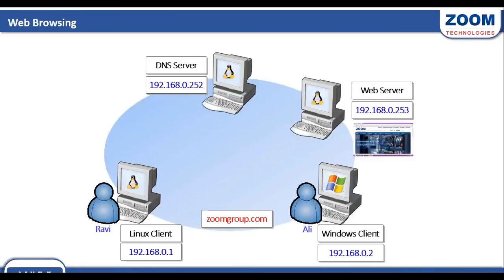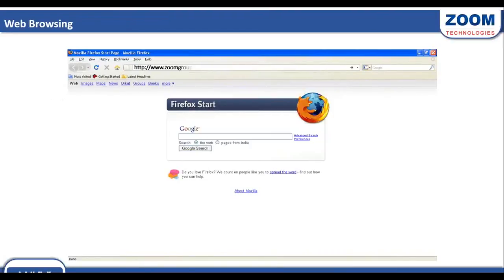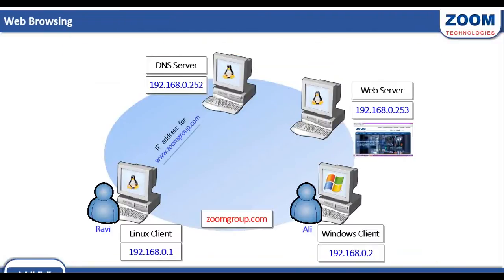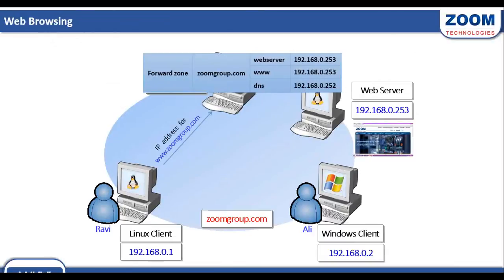In this presentation, I am having one DNS server, one web server, two clients, one from Linux and one from Windows. So one of my client from the network is trying to browse the website. My client opened the web browser and giving the website name in the URL. Once my client put this request, it comes to DNS. DNS checks in the database.